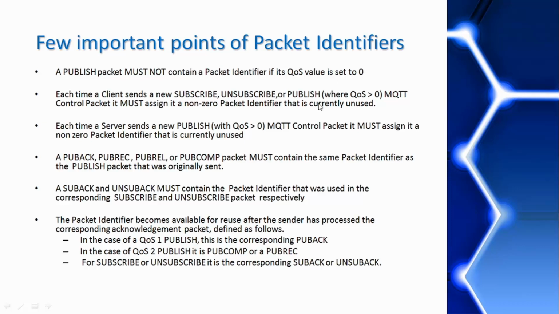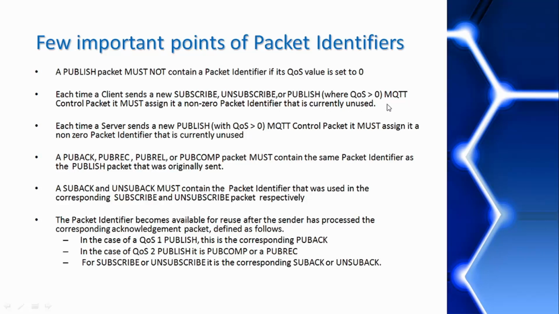Each time a client sends a new subscribe, unsubscribe or publish MQTT control packet, it must assign it a non-zero packet identifier that is currently unused. The important point is that it is currently unused.